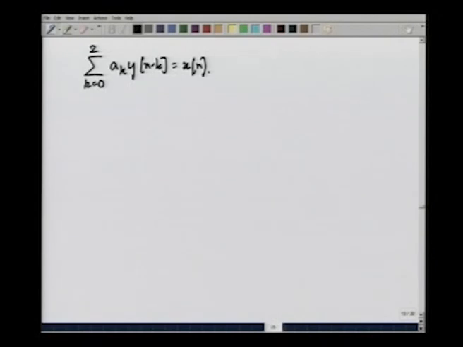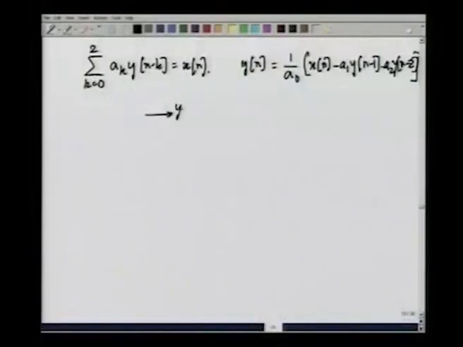You just have to extend the previous model a little further and write yn equals 1 by A0 times xn minus A1 yn minus 1 minus A2 yn minus 2. This would give me yn.